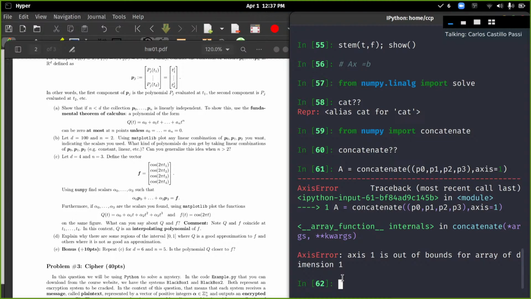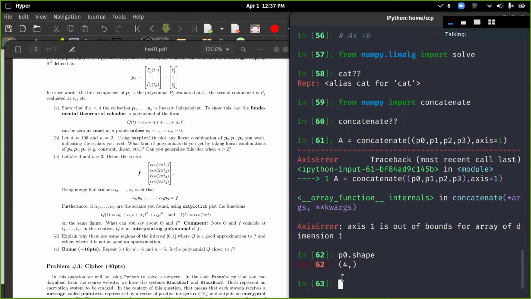So let me see. P0 dot shape. Should be correct. Axis 1 is out of bounds for array of dimension 1.